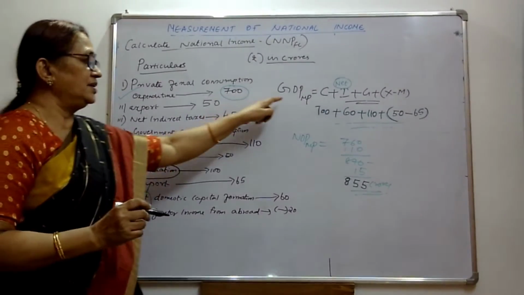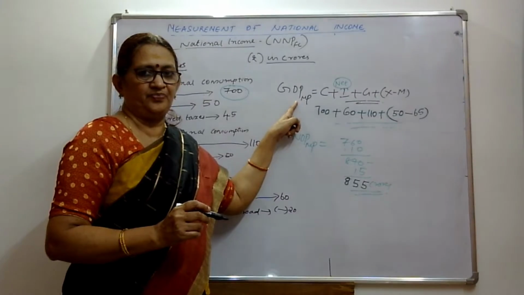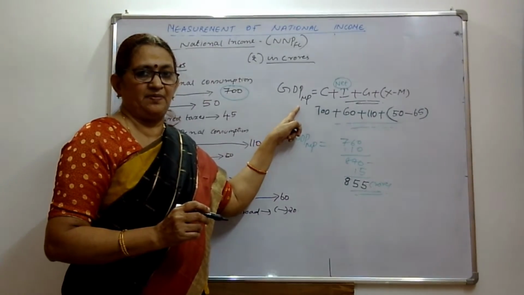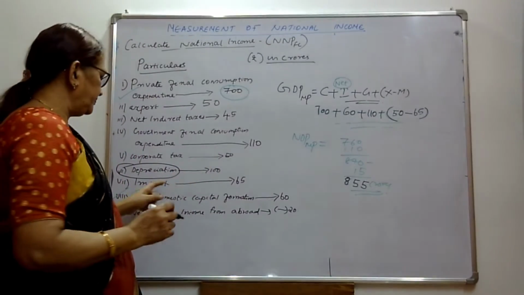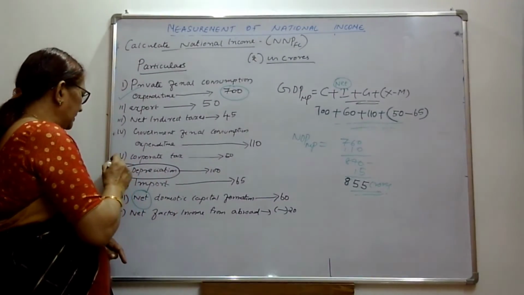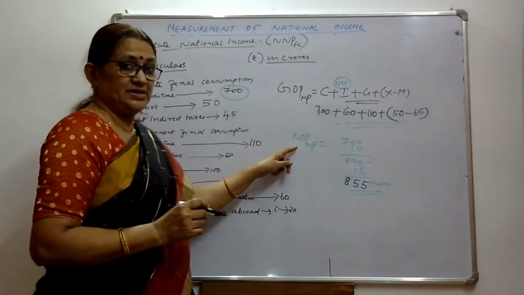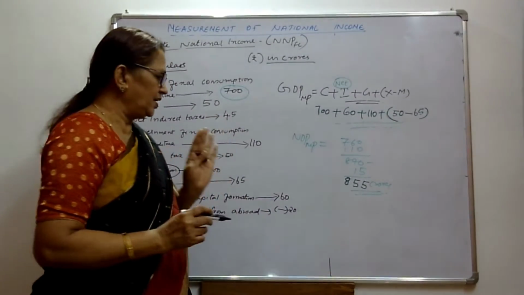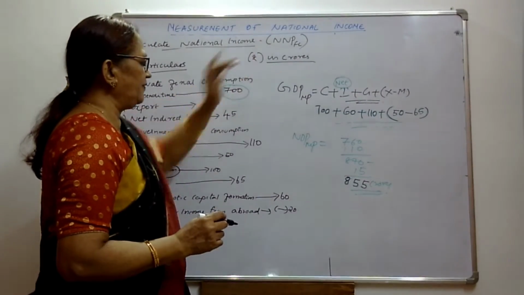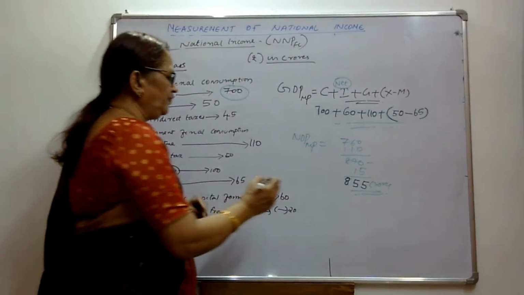If we derive GDP at market price, we have to deduct depreciation. It is already deducted, so we are directly getting NDP at market price.